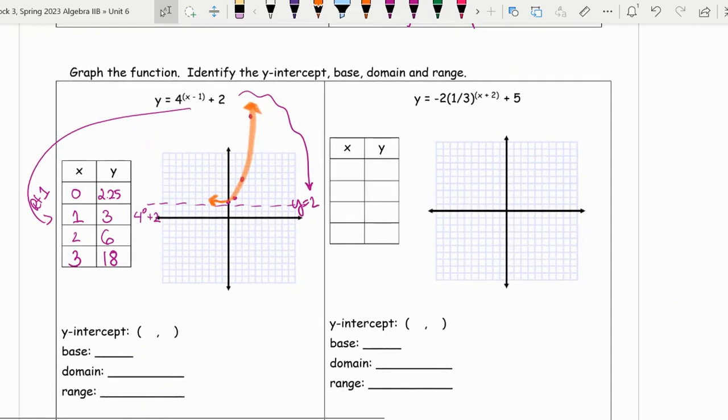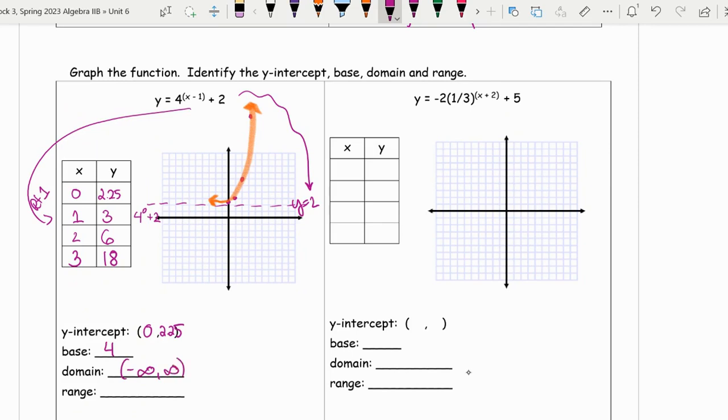My y-intercept is 0 and 2.25. Base number this time is 4. Domain is negative infinity to infinity, always on these. My range this time, though, will start at 2 and go to infinity. And this is an exponential growth function because of that base number of 4.